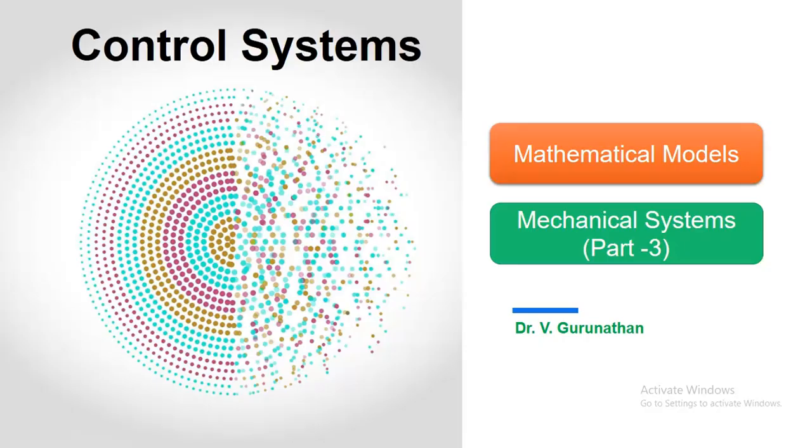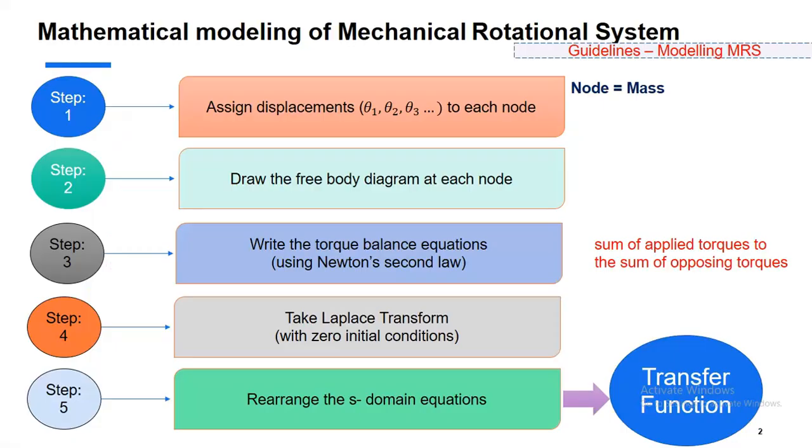In this video, we are going to discuss mechanical rotational system modeling. As we already discussed in the last lectures, these are the guidelines we have to follow while modeling a mechanical rotational system.